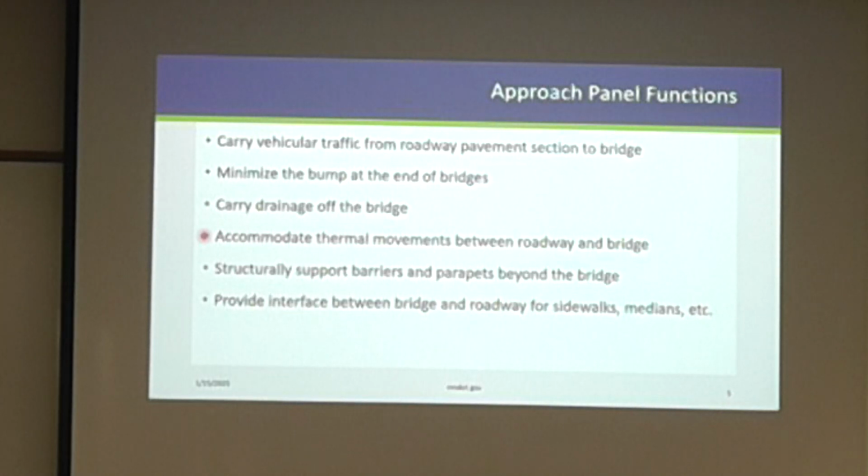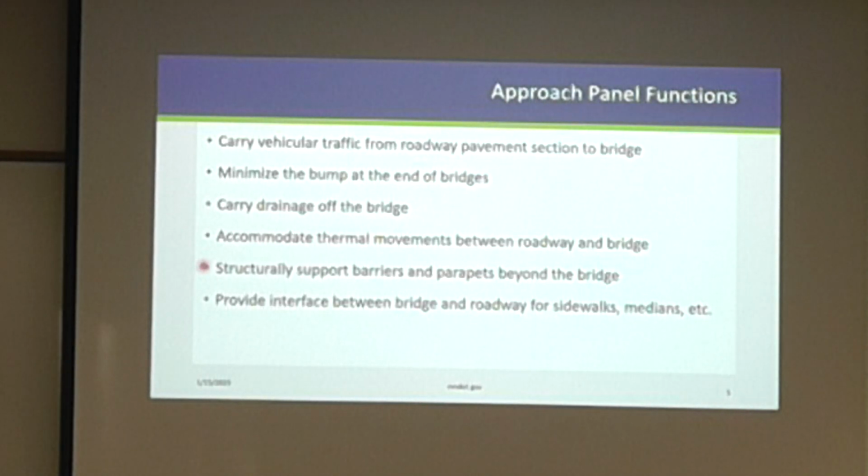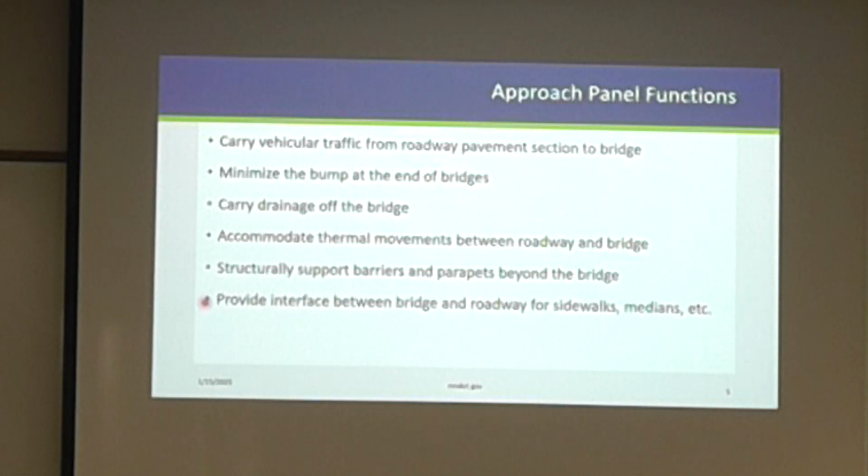Oftentimes they'll have joints and they can help accommodate any thermal movements between the roadway and the bridge interface. They're also designed to structurally support the barriers and parapets beyond the bridge, which are often required for crash safety. And as I mentioned, they provide the interface between the bridge and the roadway, also for sidewalks and medians.